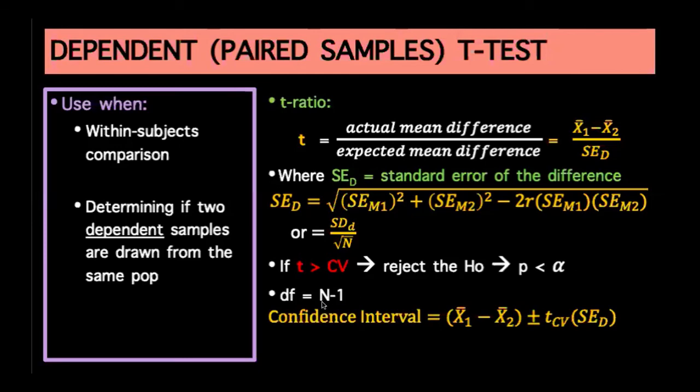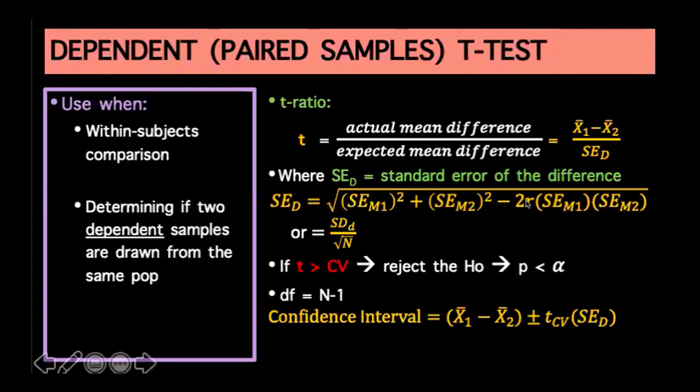As far as reading the t-table goes, it's all the same process. Just remember degrees of freedom is n-1 because you have only one sample that you've collected. Even though you're repeating the use of that sample, it's only one sample. The confidence interval is calculated the same way as an independent t-test, so yay for repetition on formulas.